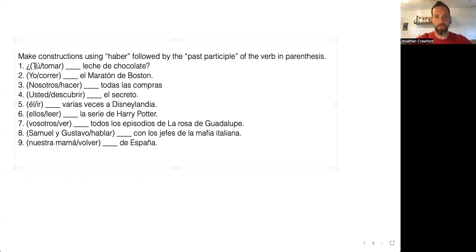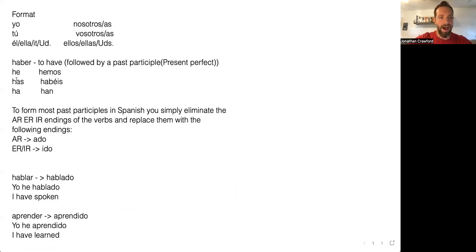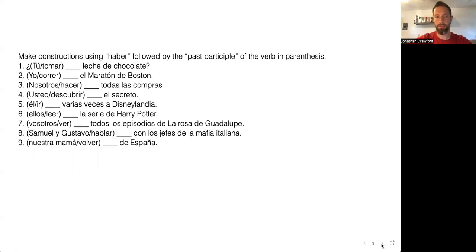If it's tú and it's tomar, remember the tú form of haber is has, and tomar is an AR verb, so we put tomado. So has tomado. We say tú has tomado.